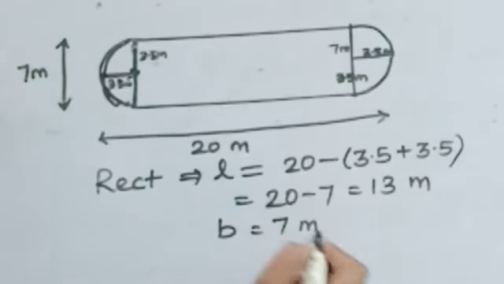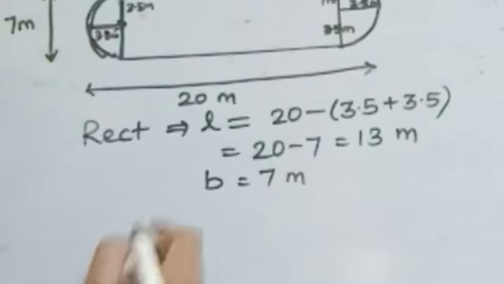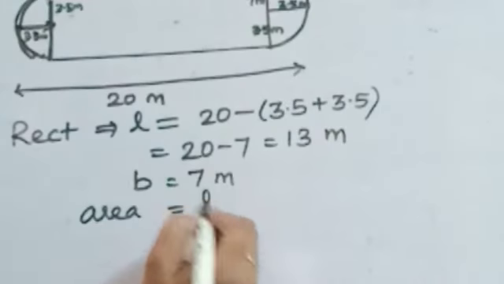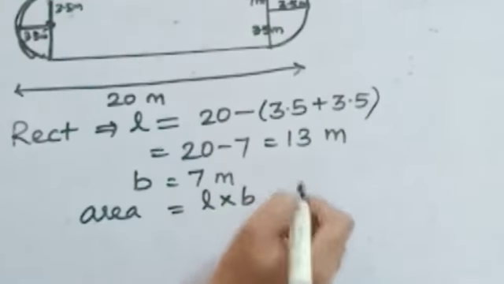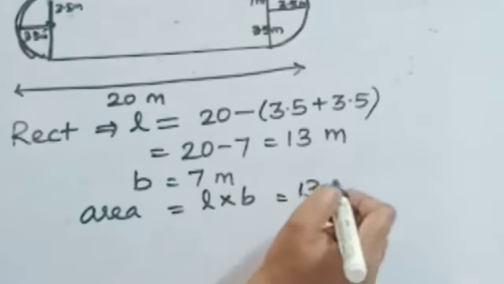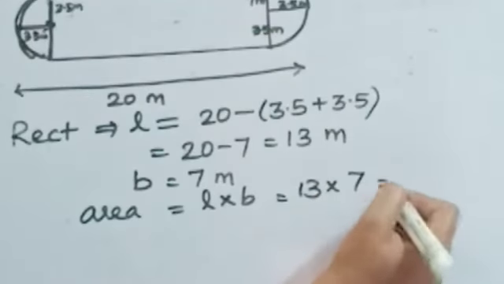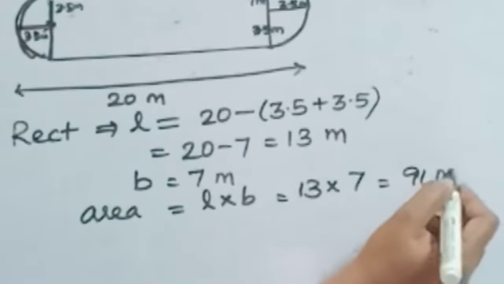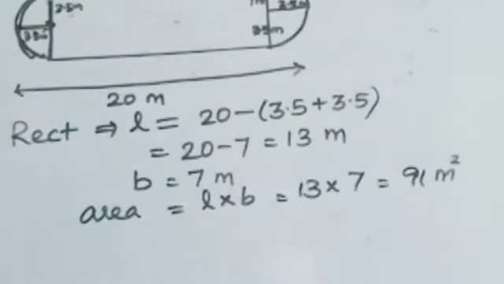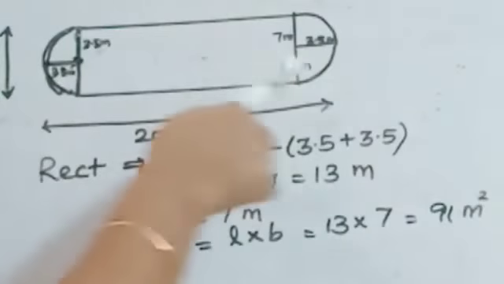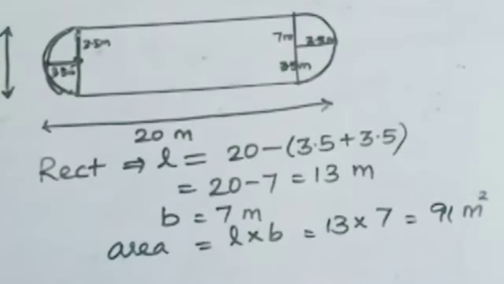So now we can find the area of the rectangle by using the formula L into B. So 13 into 7, 13 sevens are 91 meter square, which is the area of the rectangle alone. And now here one semicircle and here one semicircle, together we can consider it as a whole circle.